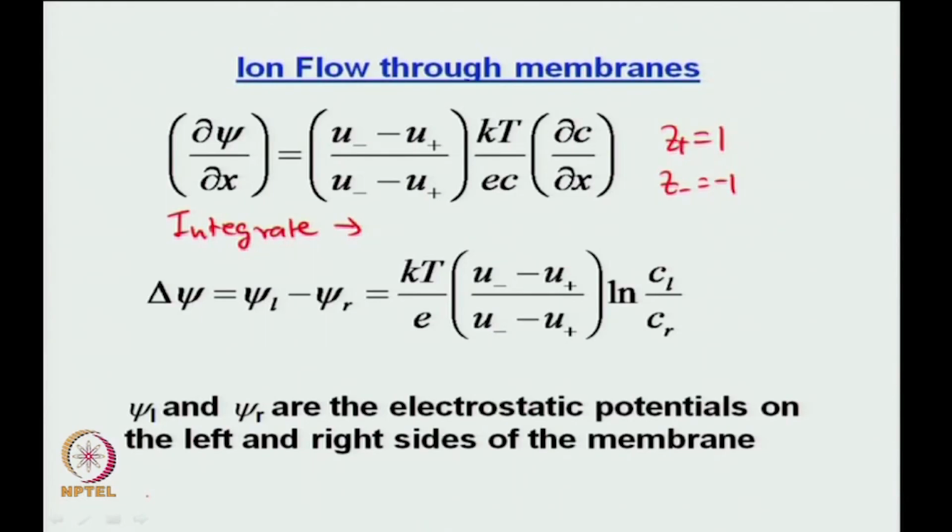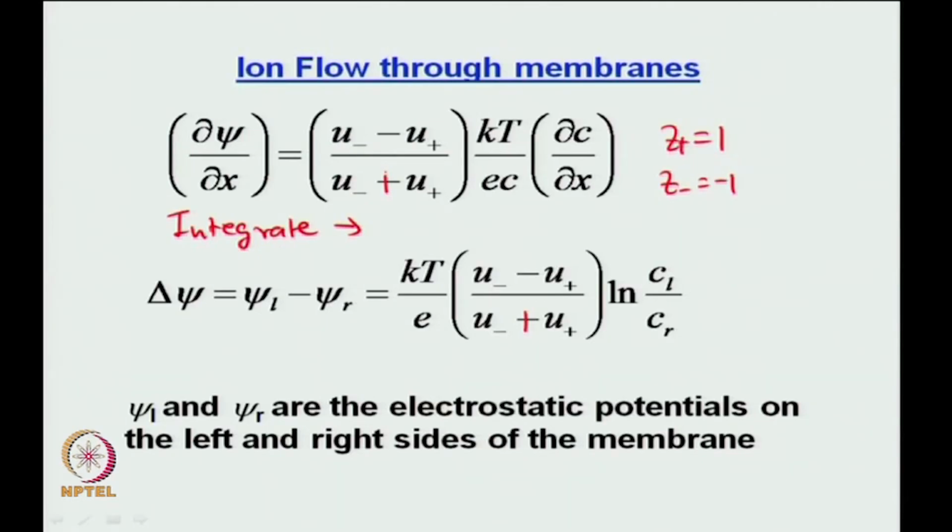Now, this is equal to kT over e times (u minus minus u plus) over (u minus plus u plus) times natural log C L over C R. So, the denominator is an addition and the numerator is a subtraction.